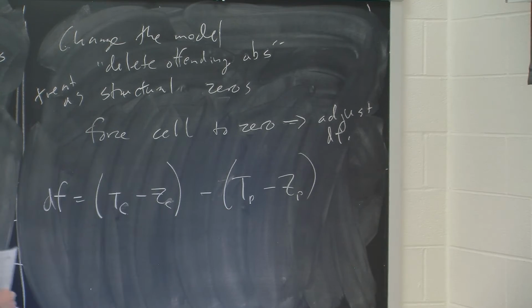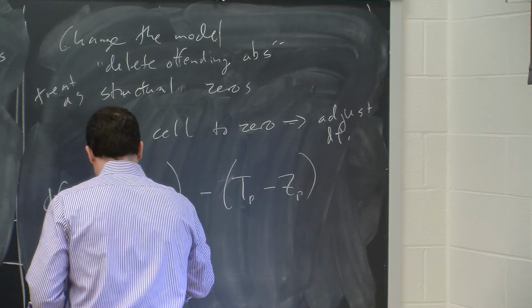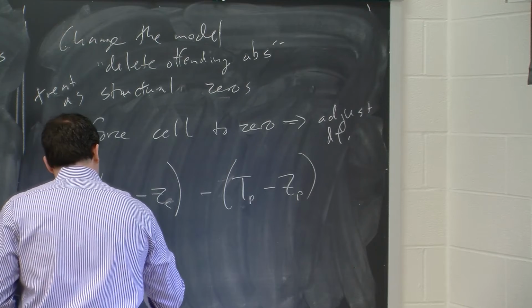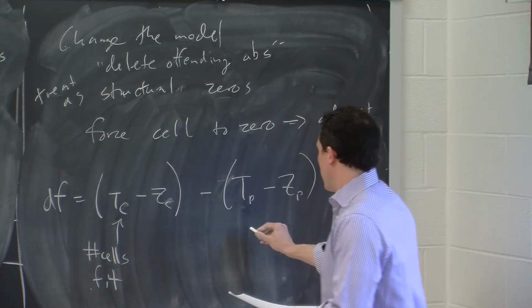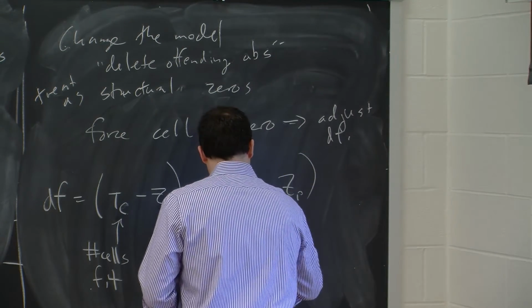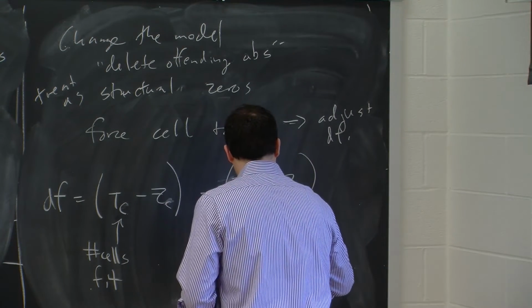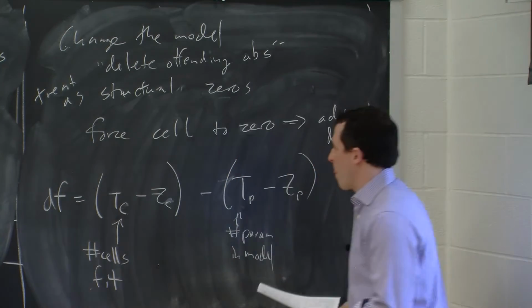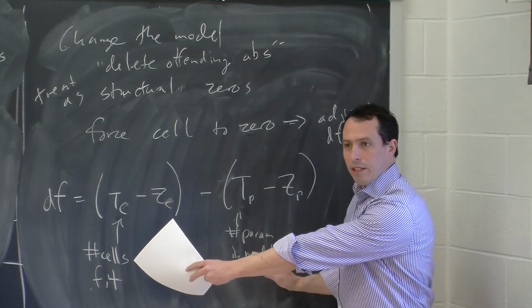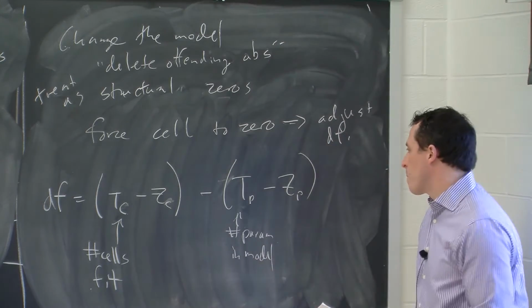So this is the number of cells we fit, or the number of parameters in the saturated model. This is the number of parameters in the model we want, or the model degrees of freedom. That's the usual degrees of freedom for the test.